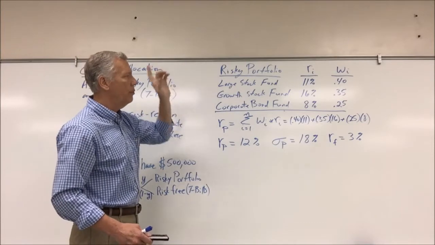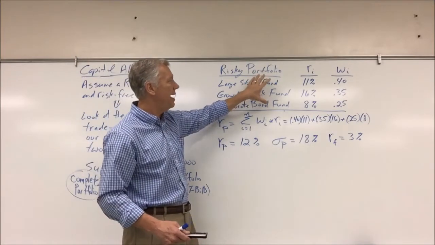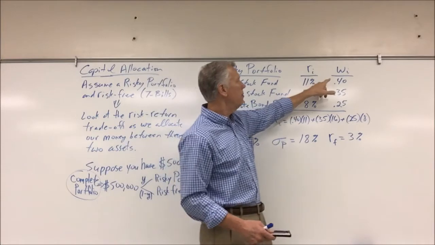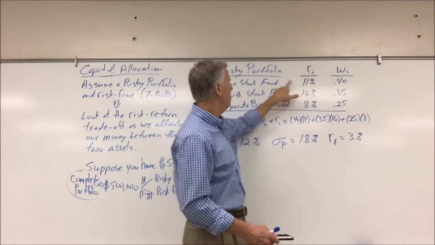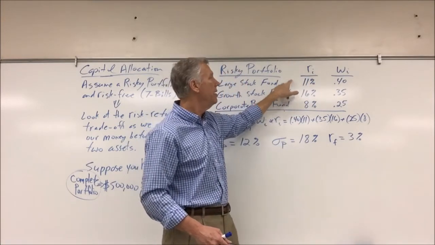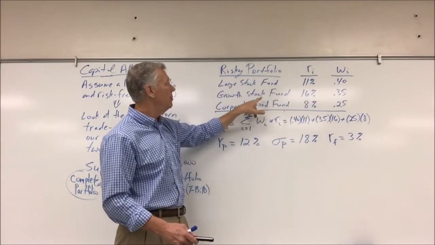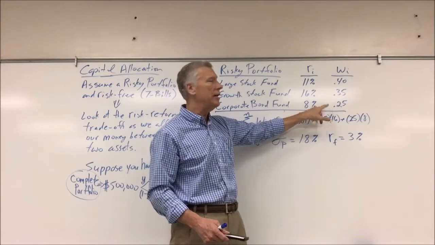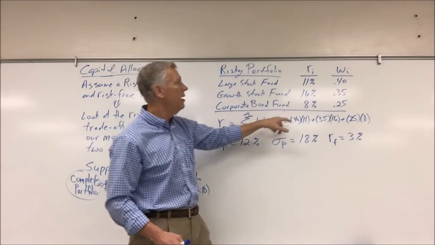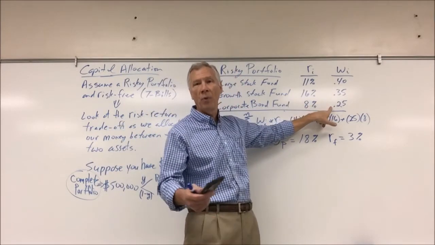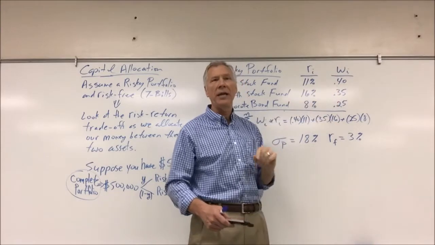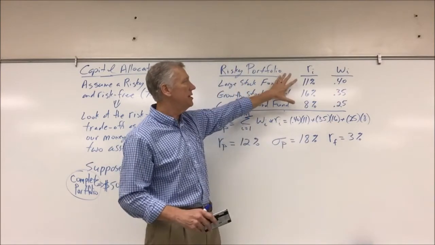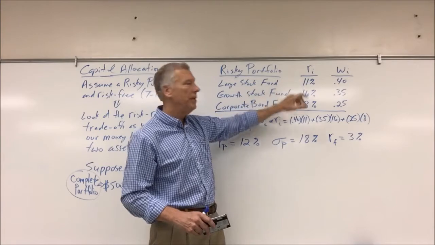Whatever we put here, 40% of the money that goes in is put into the large stock fund, 35% into the growth stock fund, and 25% into the bond fund. Of course, all this adds up to 100%. This is how we allocate whatever we put at risk.